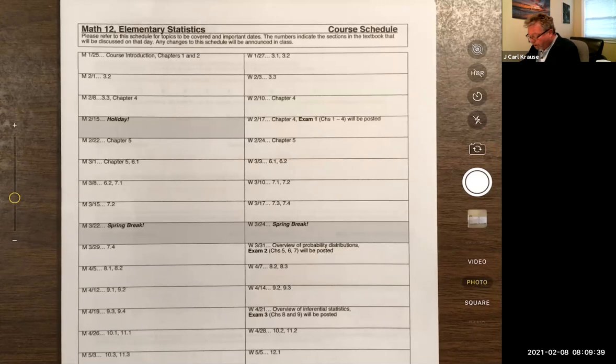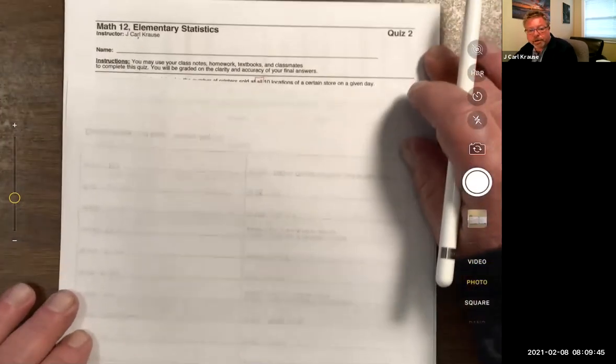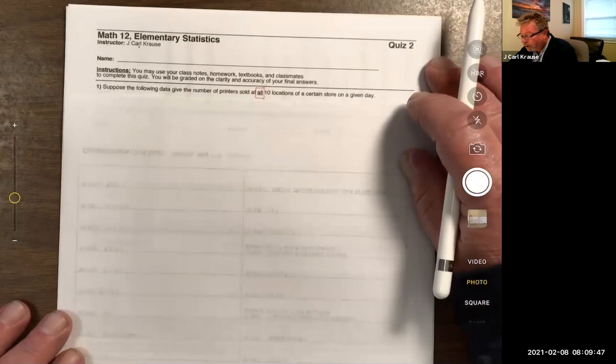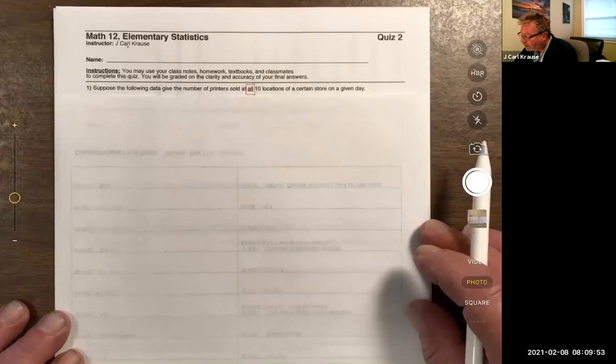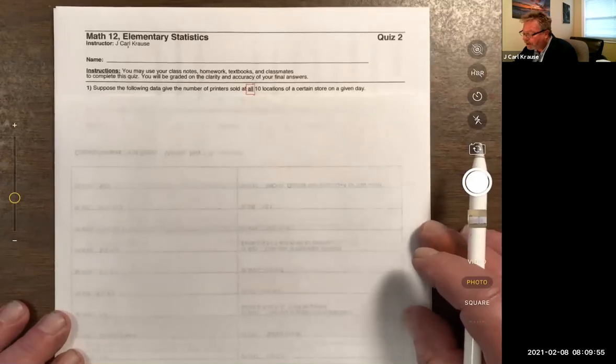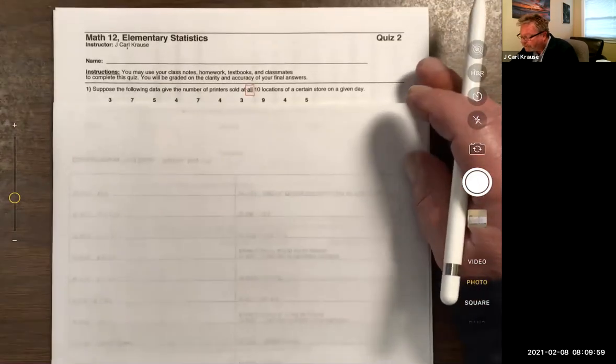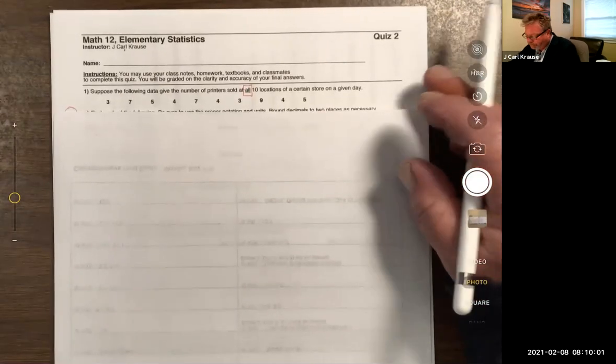Okay. All right, so let's go over this quiz. So here's our quiz. And problem number 1 says, suppose the following data give the number of printers sold at all 10 locations of a certain store on a given day. So there are the numbers.